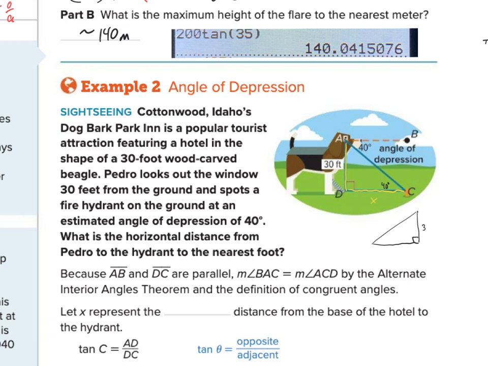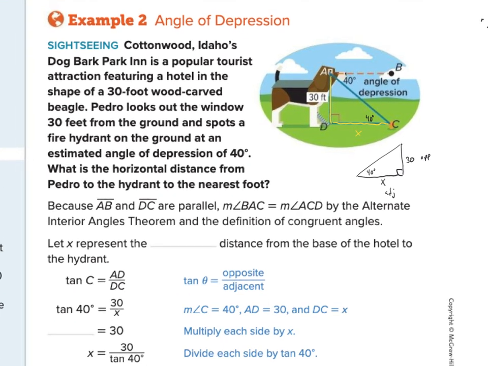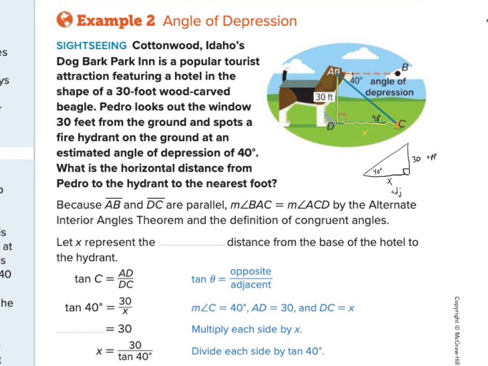We have 30 feet height. We have an angle of elevation of 40 degrees, and we are trying to figure out how far we are from that. So again, we have the opposite from our angle and the adjacent to our angle. So that's what they're coming up with, that information. And they tell us that is the tangent here. So the tangent of 40 degrees is going to be the opposite over the adjacent.